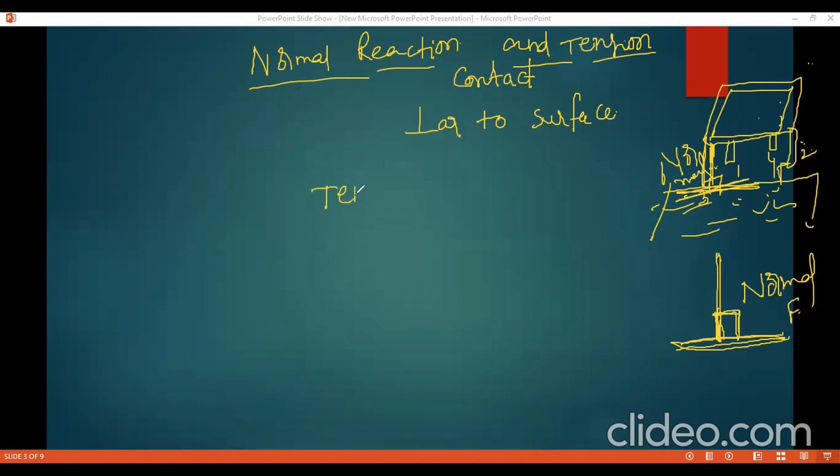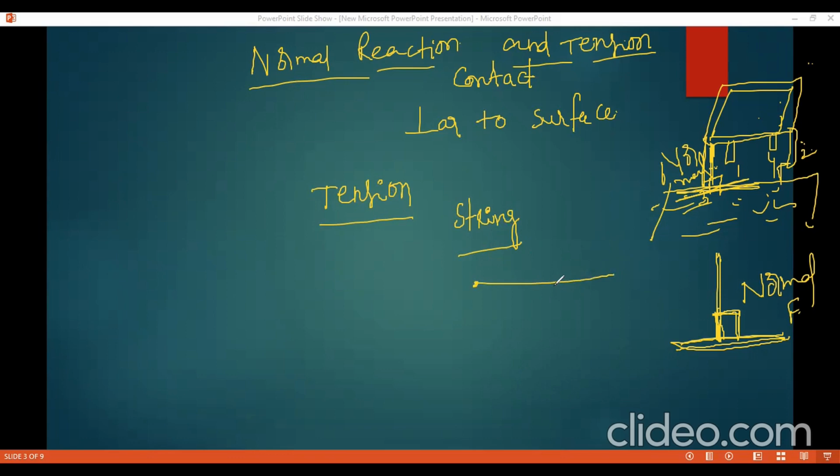Next we go to the tension force. What kind of force is tension? When I talk about tension, it is a string or thread you can take, or a spring also. If you take a string, when the string is pulled, what happens?